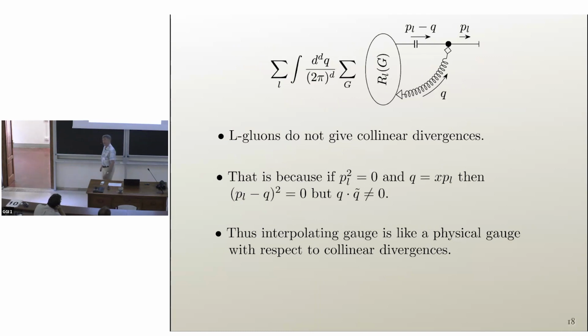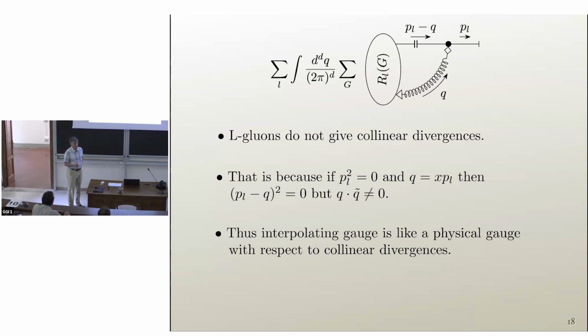The L gluons also do not give collinear singularities. Why is that? It's because when Q is parallel to P L, this one gets to be on shell, it's P L squared. But then Q squared, where 1 over Q squared was making a singularity, has now become 1 over Q dot Q tilde.